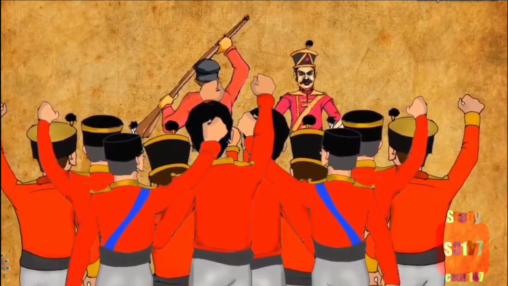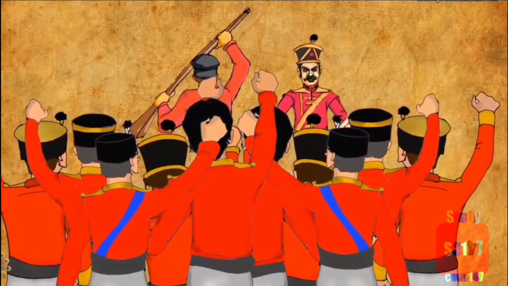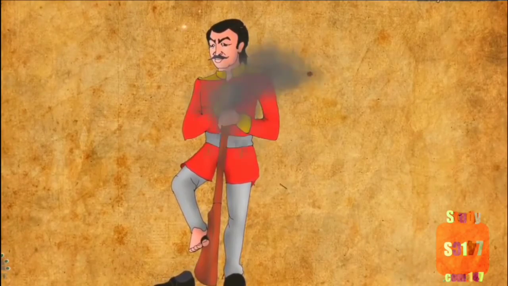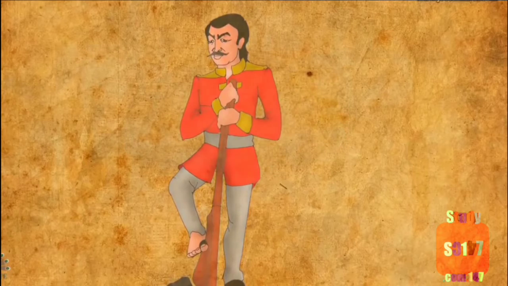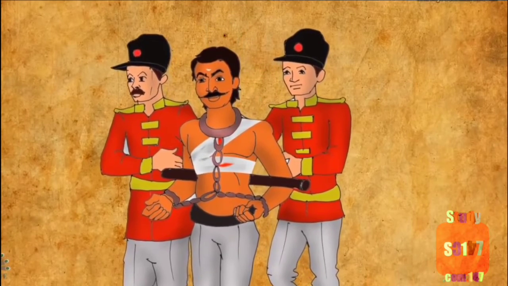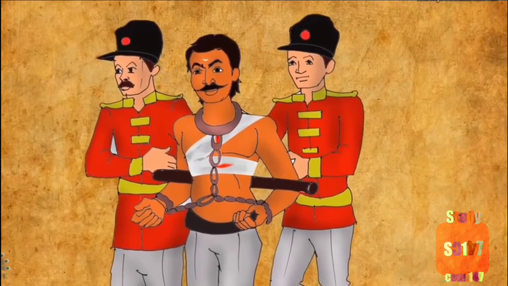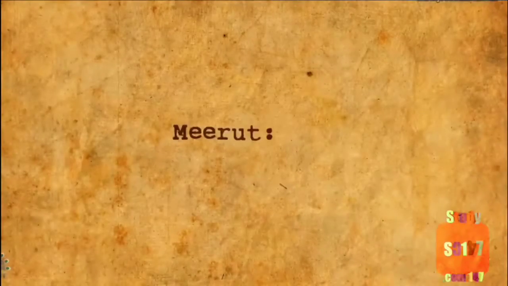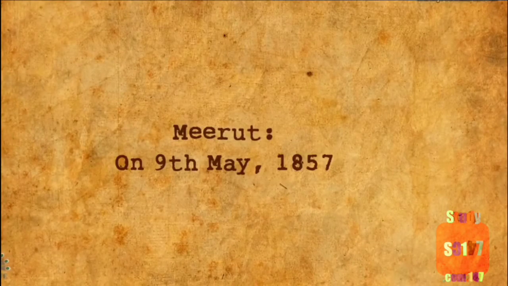The Indian sepoys get inspired by Mangal Pandey's act and tension grips the entire regiment. Mangal Pandey shoots himself to avoid a humiliating trial at the army court. However, he survives and is put on trial. He was subsequently hanged on the 9th of May 1857.